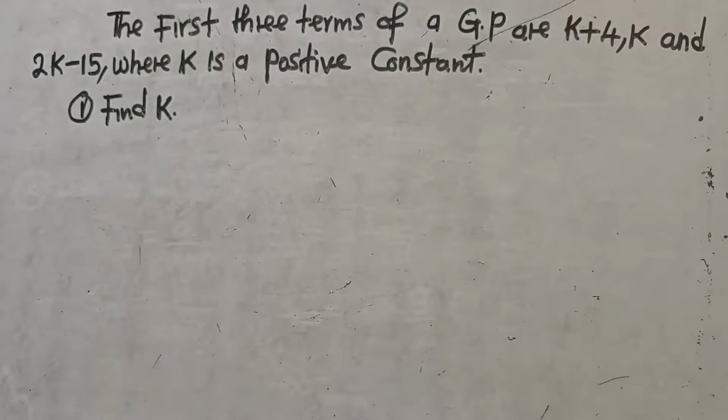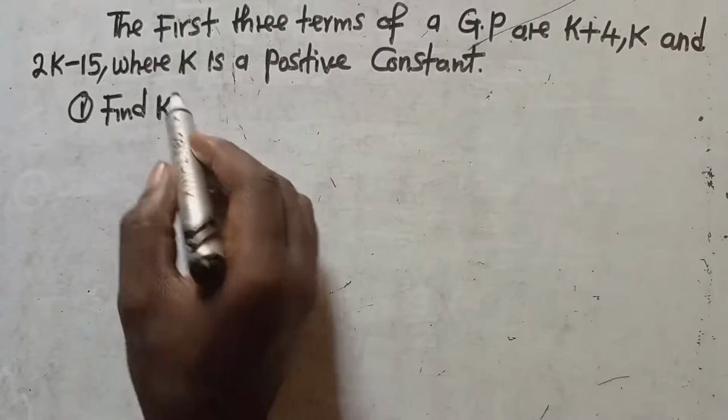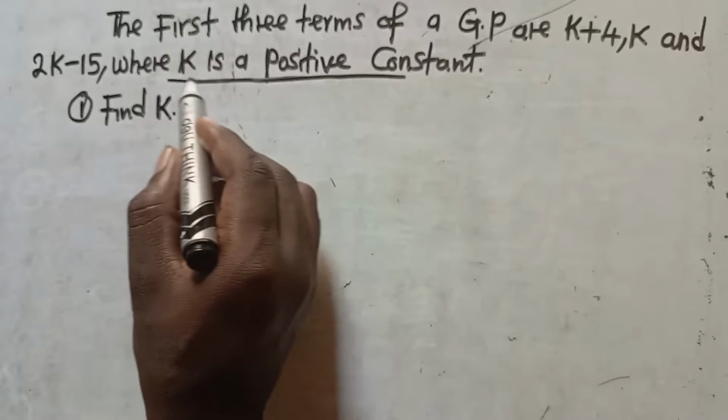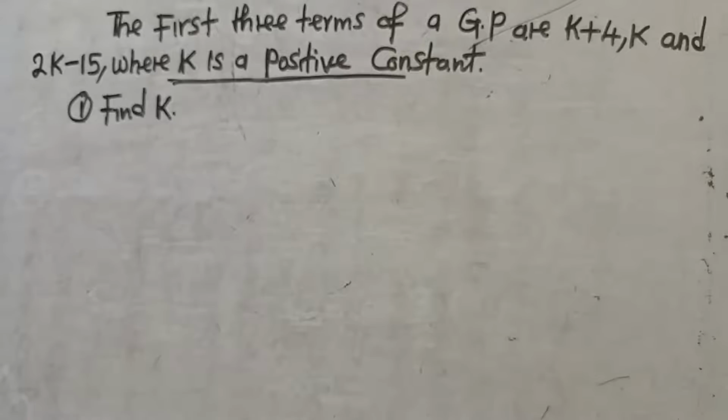They have told us that k is a positive constant, and as a mathematician, you need to be sensitive. Why have they said that k is a positive constant? It means that you are going to find two answers, but you are just interested in the positive value.